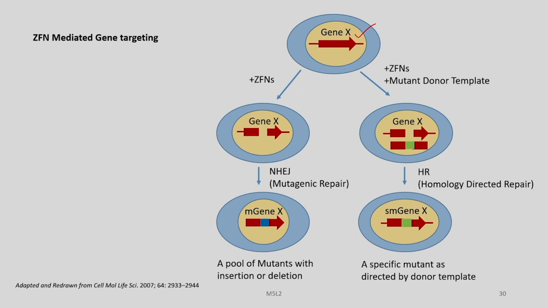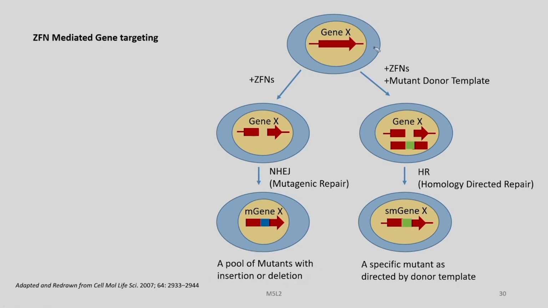Now, due to some kind of deletion events, there may be some kind of mutation occurring here, but this pathway comes into action over here, and then there is a mutagenic repair due to NHEJ, non-homologous end joining, and we get a pool of mutants with insertion or deletion in this case.